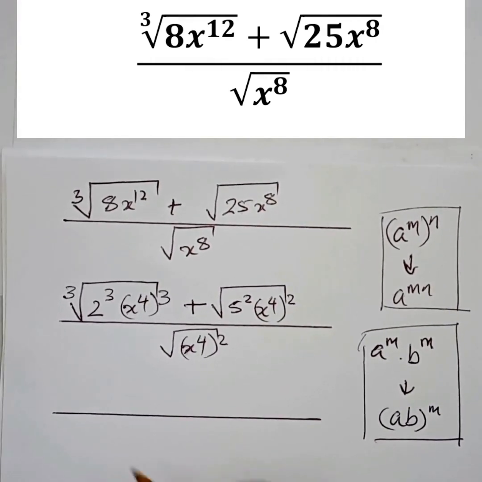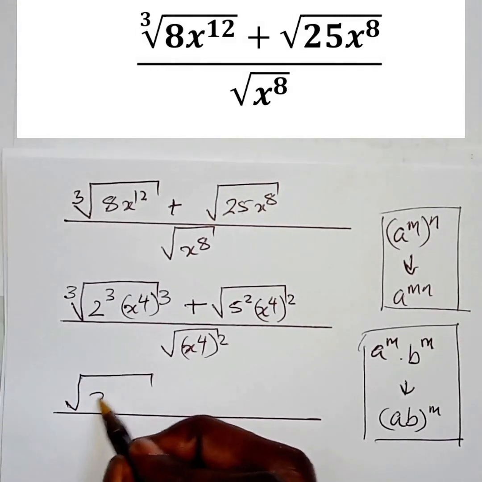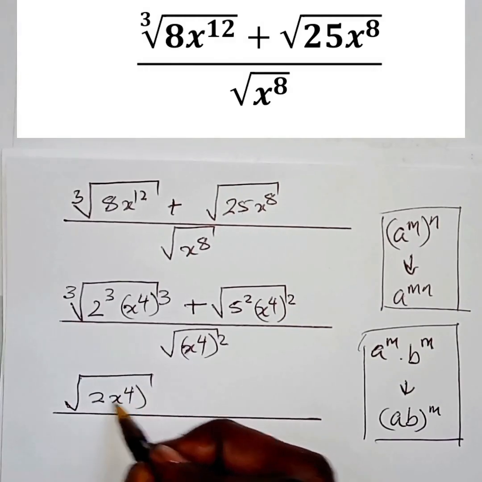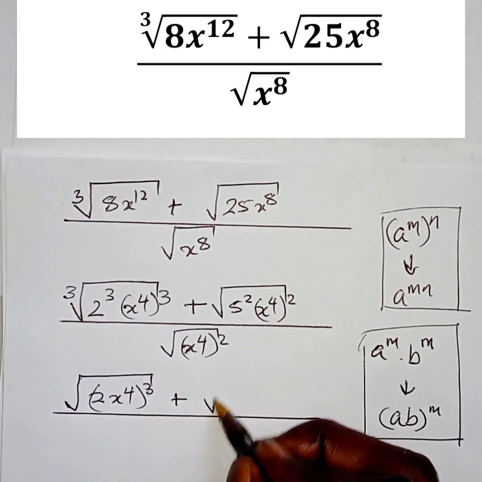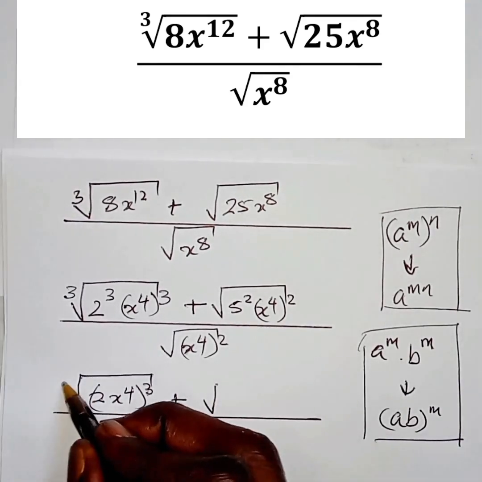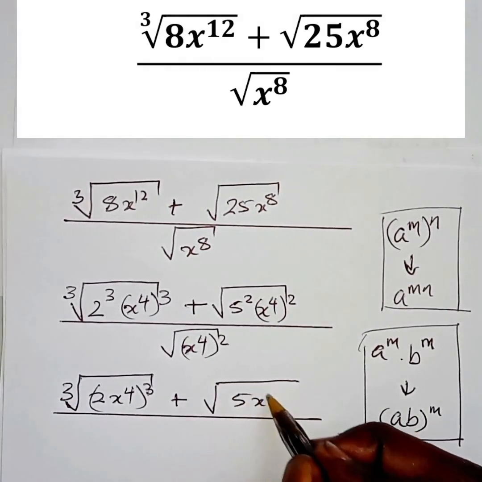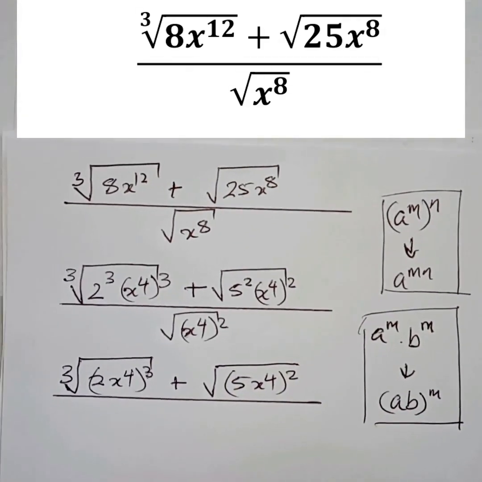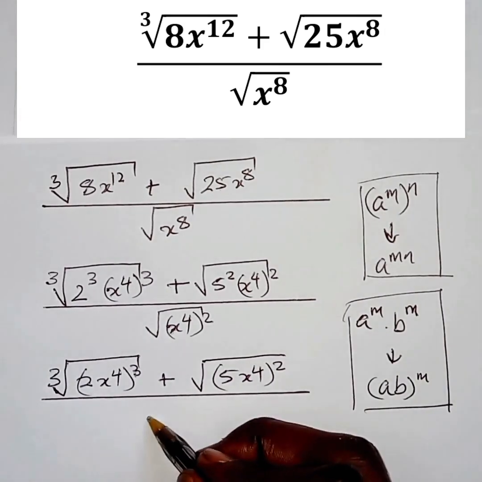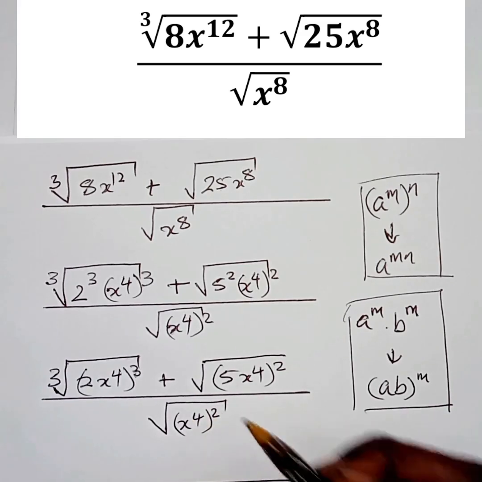So we are going to have the cube root of 2x to the power 4 to the power of 3. We add that to the cube root, the square root, that's a cube root of 5x to the power 4, and that is squared. Then we are dividing that by the root of x to the power 4 squared.